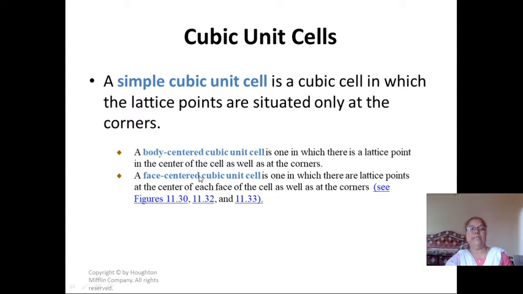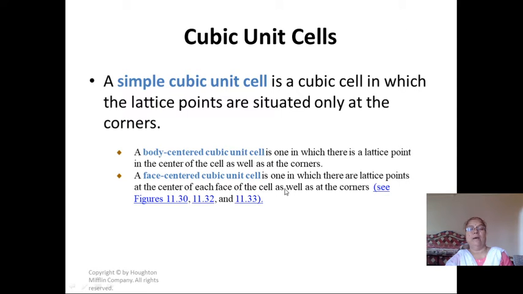Then the face centered cubic unit cell is one in which there are lattice points at the center of each face as well as at the corners. The cube has 6 faces, and at the center of each face there is 1 point, and the cube has 8 corners.